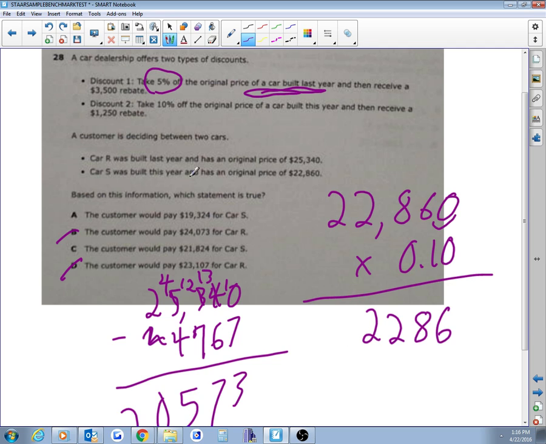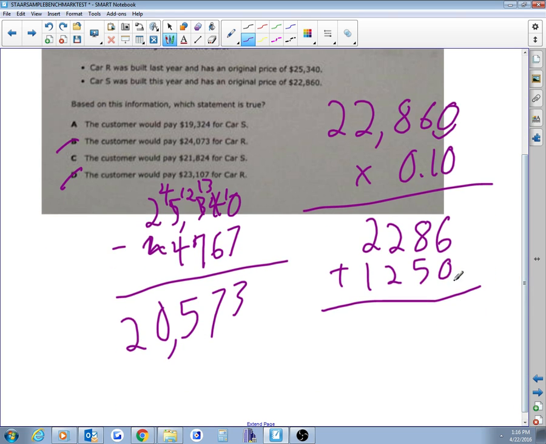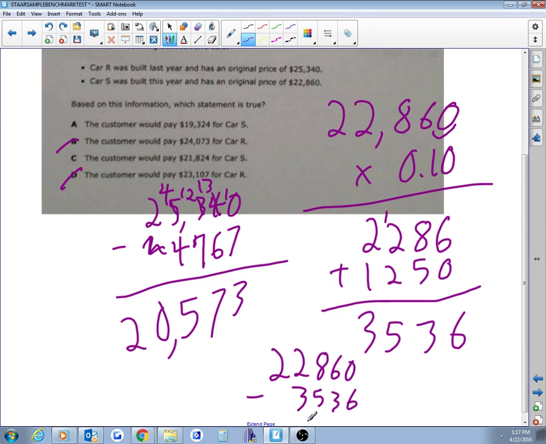But it's also got a rebate of $1,250. So we add the rebate, the $1,250 rebate, and this will give us our total discount on the car. That's 6, that's 13, carry the 1, that's 5, and that's 3. So this is the total amount of discount. The car is originally priced at $22,860. So we've got $22,860 minus $3,536.